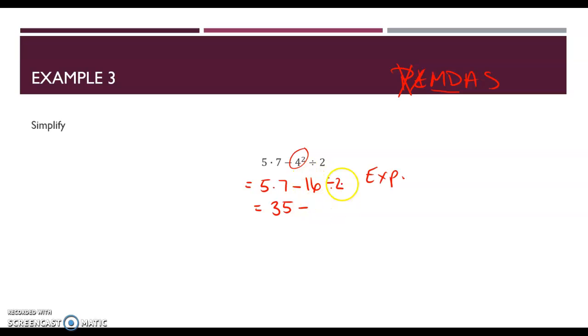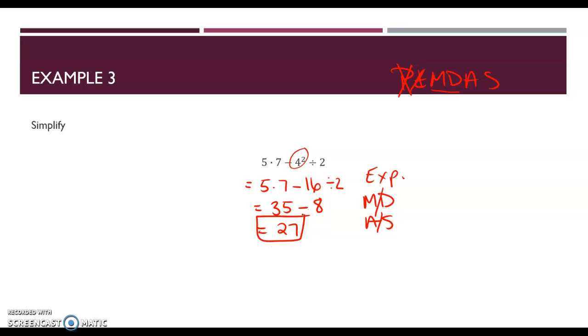And I'm actually going to do that 16 divided by 2 before I do subtraction, because multiplication and division happen before adding and subtracting. So 16 divided by 2 is 8. And so that was the multiply/divide step. And then from here, we'll do our add/subtract. And that's just going to be 35 minus 8, which equals 27.